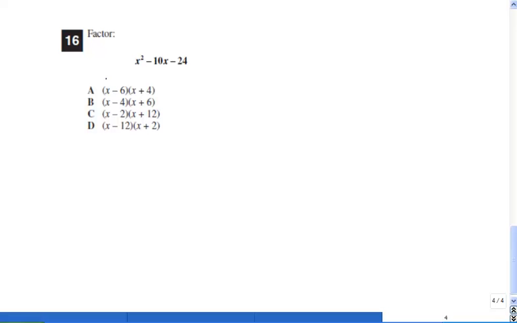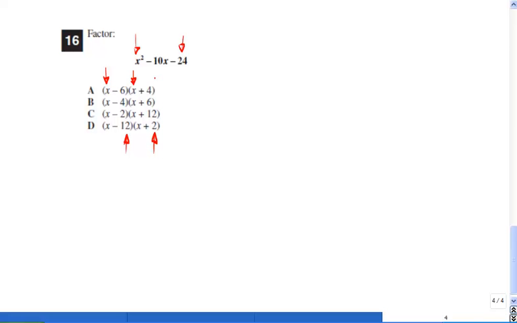I mean, one would be to check the first term in each one of your given products, right? Looking at the first term in the first binomial and the first term in the second binomial, x times x is x squared, so this is good. I cannot eliminate any one of them. Then you should check the last term in each one of the binomials here and see if their product is going to be the last term that you have in your trinomial.